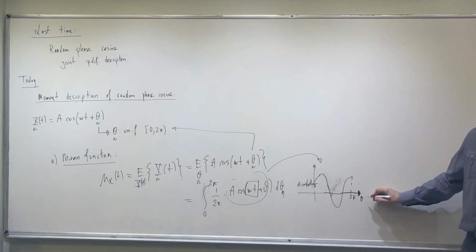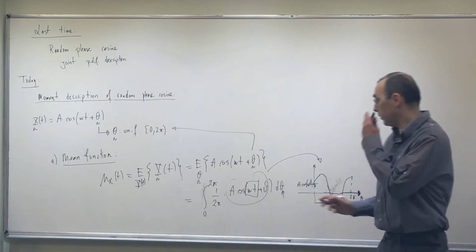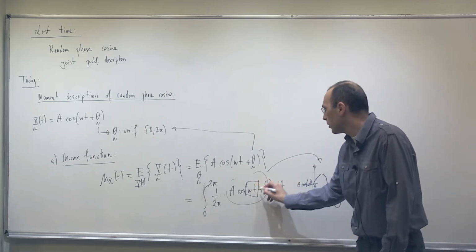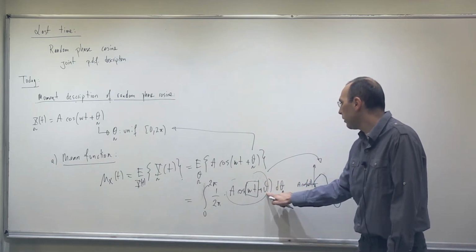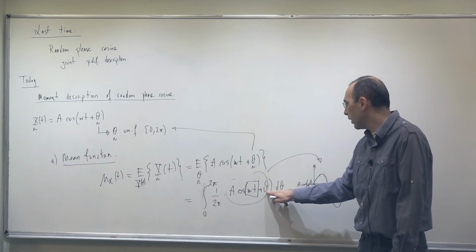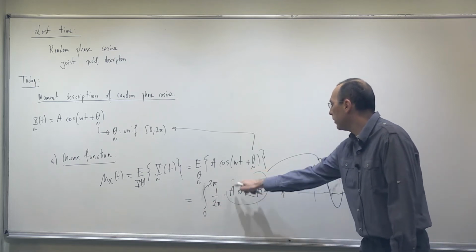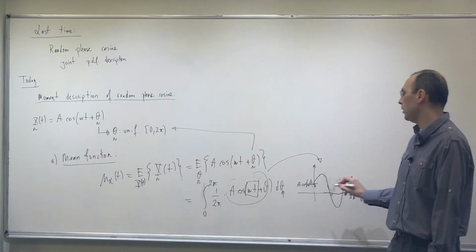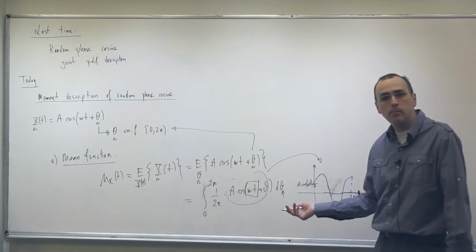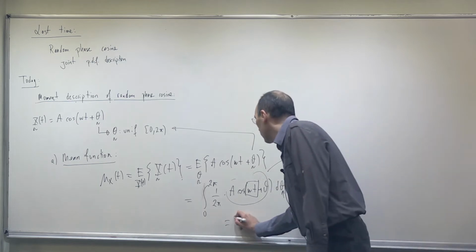This is obvious, I know, but don't make a mistake over here. Think about it, this is just a constant. So I'm integrating over a full period of cosine. When theta is changing between 0 and 2 pi, I'm integrating a full period of the cosine, as you see, and then I get 0. This is equal to 0.